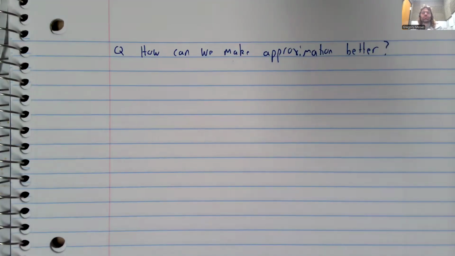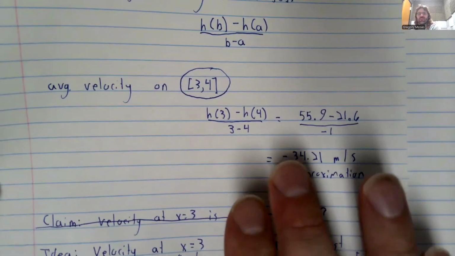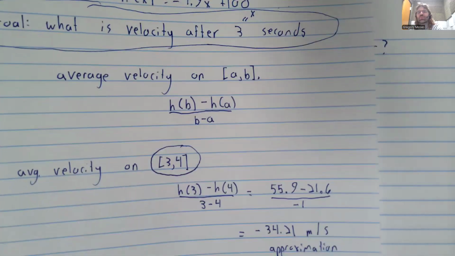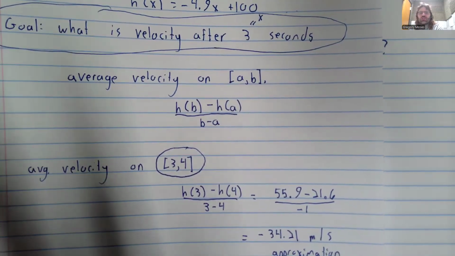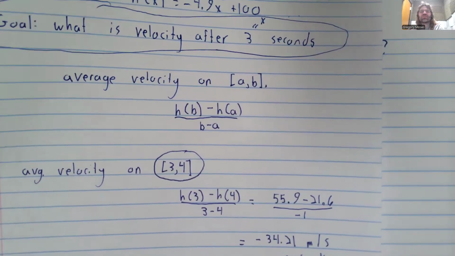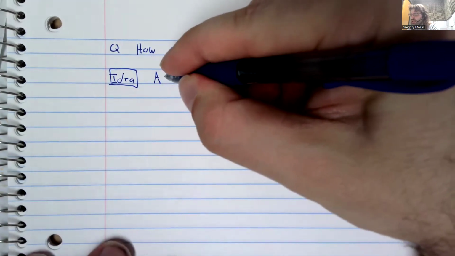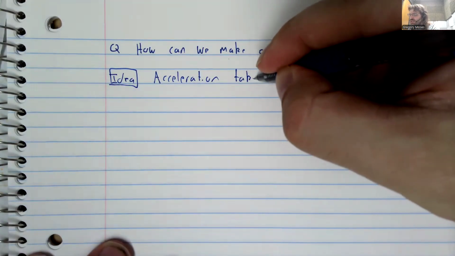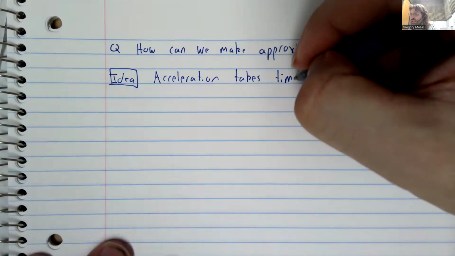Well, let's think this through. Why is this only an approximation? Why isn't this average velocity the exact velocity we're looking for? Well, because velocity changes, because the falling object accelerates, but acceleration takes time.